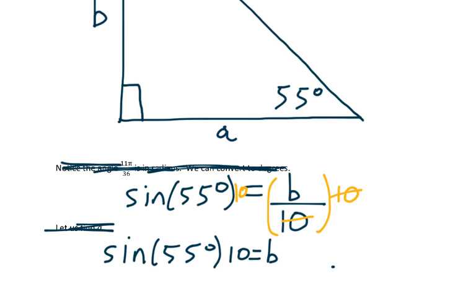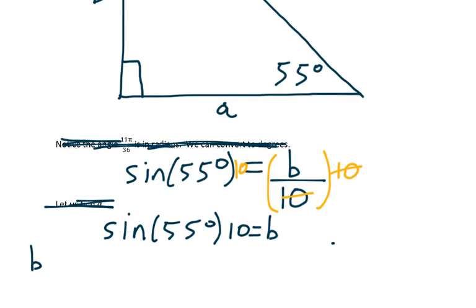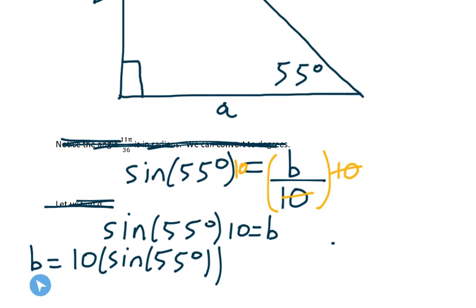And really, this is the same thing as saying b is equal to 10 times the sine of 55 degrees. I just like to keep the unknown on the left side of the equation. Here, you can multiply in any order, so we have 10 times sine of 55 degrees. Okay, so we have to calculate what sine of 55 degrees is. That's where our calculator comes into play.